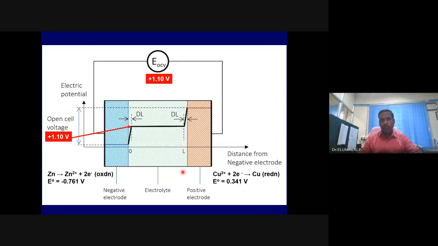When you combine them together with your suitable electrolyte, separator, salt bridge, and connect the circuit, you see that this potential rises and this potential comes down in such a way that an open circuit voltage of 1.1 is arrived at, or a stable 1.1 volt is reached, and it is known as OCV or OCP.